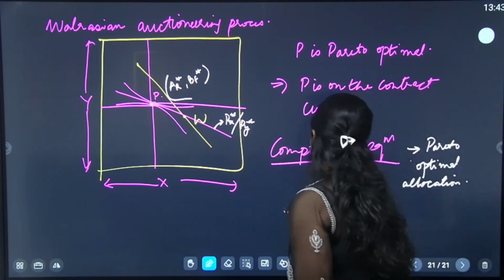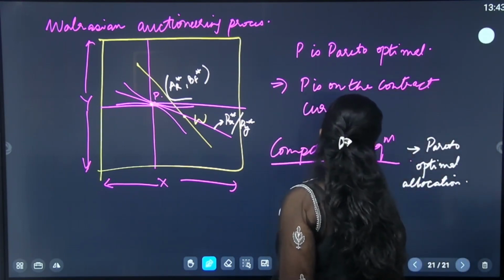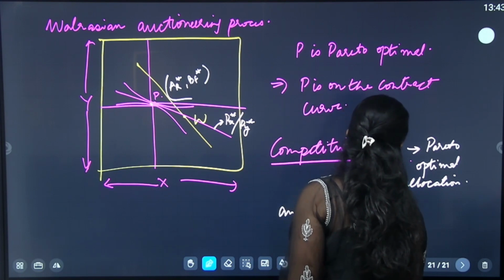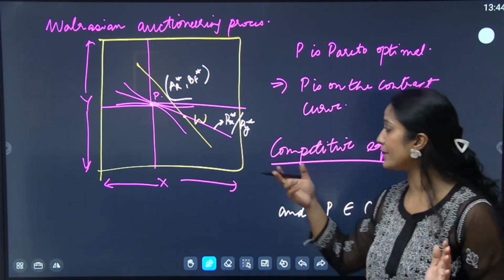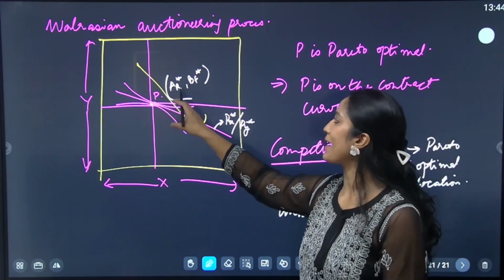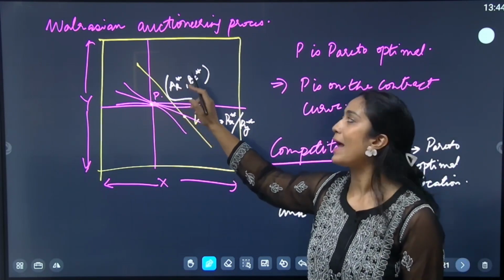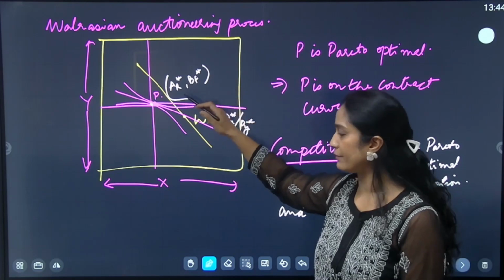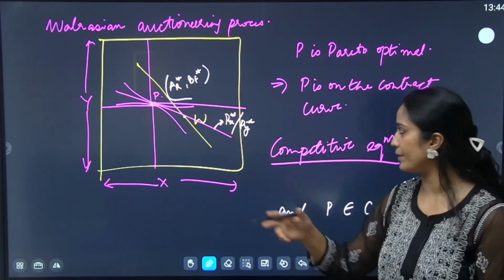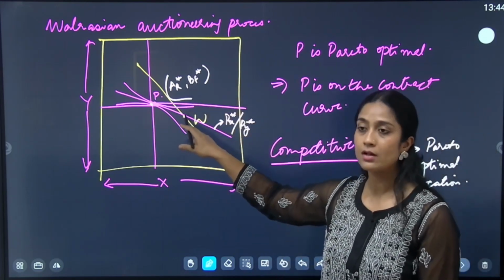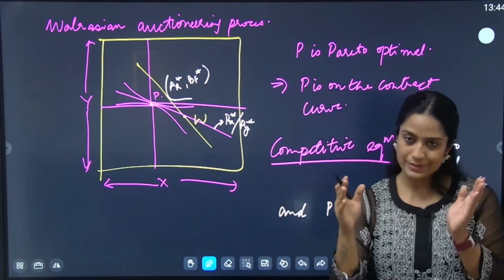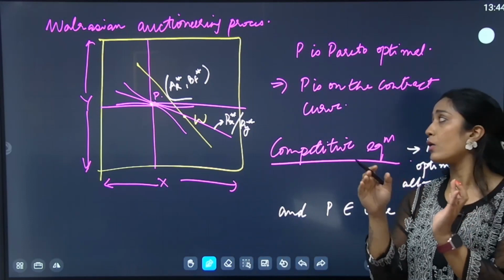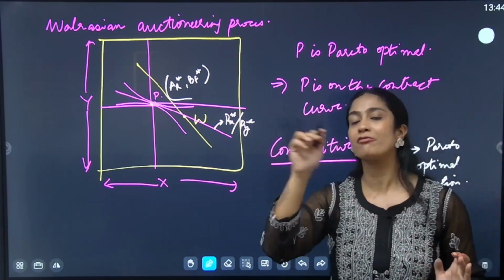And P belongs to the core. It will lie in the core because, as we have said, P is a point that maximizes utility for both of them, and the utility will not be worse off if Rahul is maximizing his utility starting from an initial bundle here. The utility will not be worse off than what he started with. Okay, so it will be inside that lens, in the core, and it will lie on the contract curve.